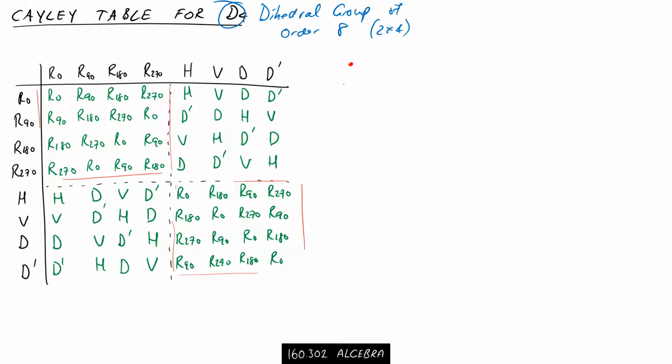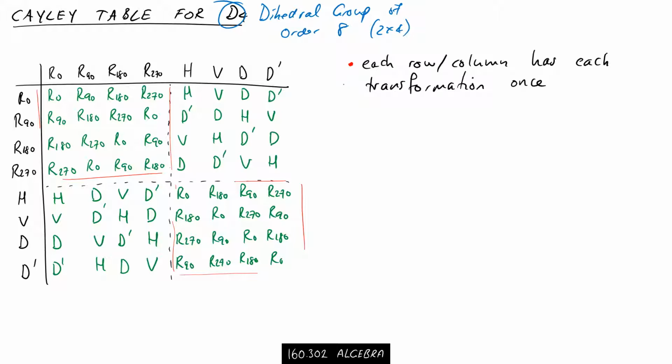So we can see, to start with, every row and every column has each member once. Each transformation once. Nothing appears twice in any particular row or column, which is a good thing.